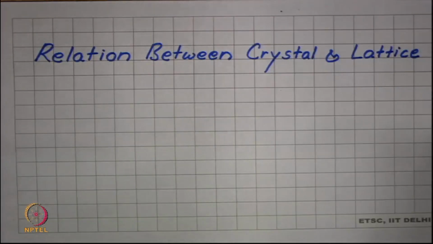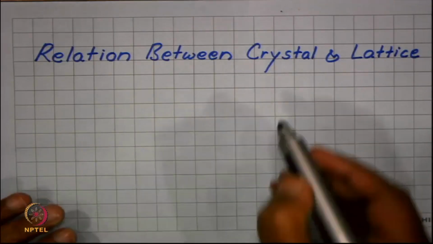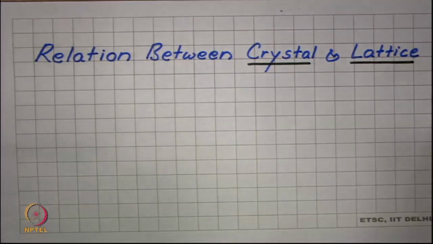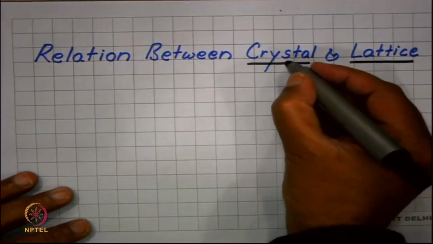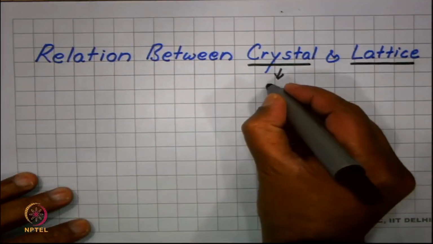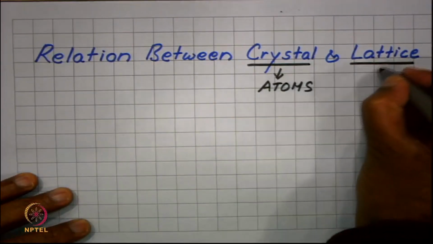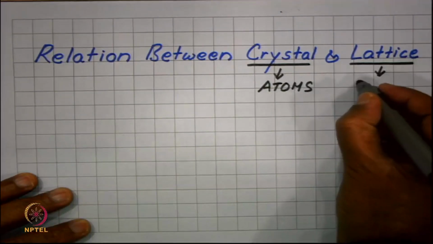Now, what is the relationship between the crystal and lattice? Both are 3 dimensional periodic arrangements, and we said crystal is a 3D arrangement of atoms and lattice is a 3D arrangement of points.